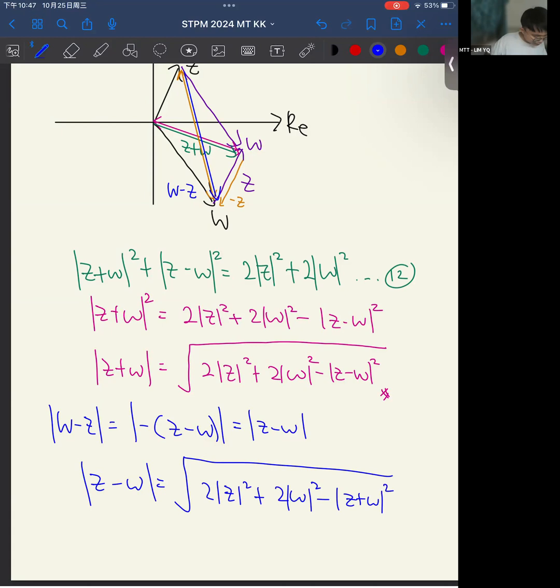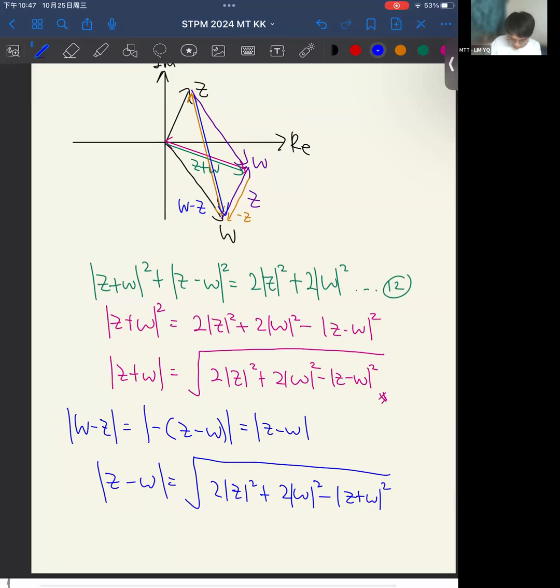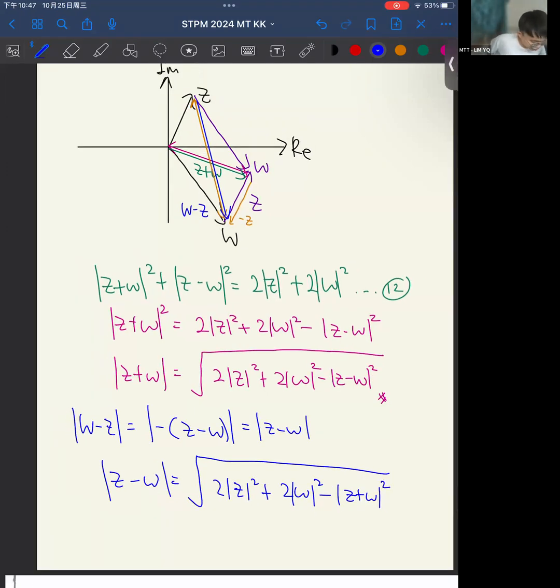Can I give a geometric interpretation of this relationship? Actually, I didn't see this instruction. So now let me see this. Give a geometric interpretation of this relationship. So what can I see from here?